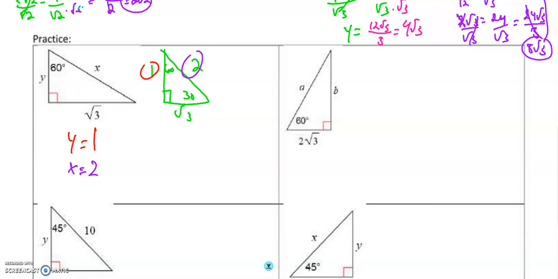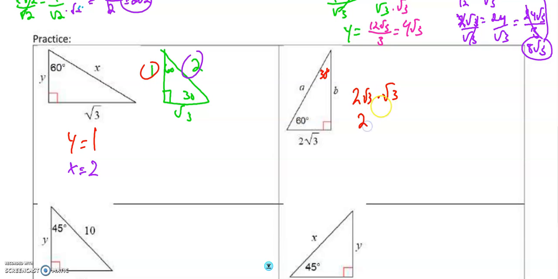But here we have a 30, 60, 90. And what we're given off the bat is the 30 degrees. So we know that B is the side opposite the 60, which means that is your quote-unquote radical 3. So to find that, I'm going to take 2 radical 3 and multiply it by radical 3.